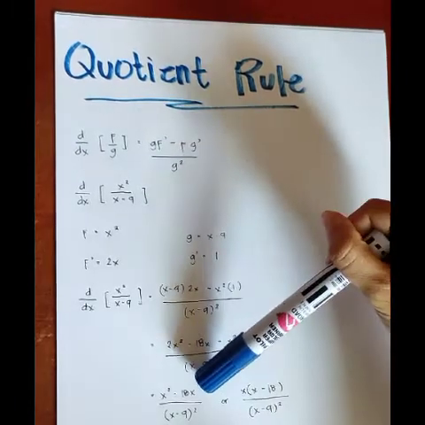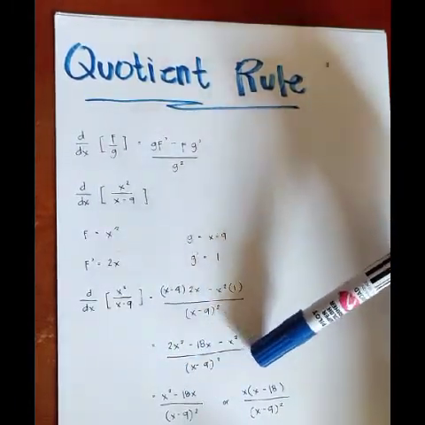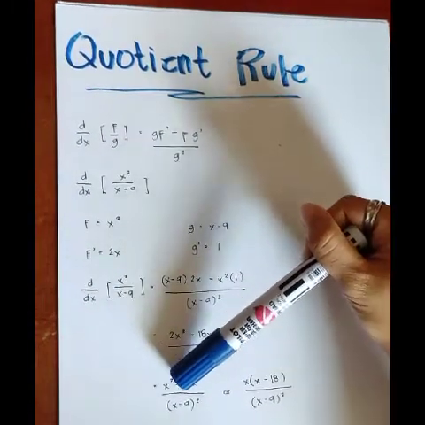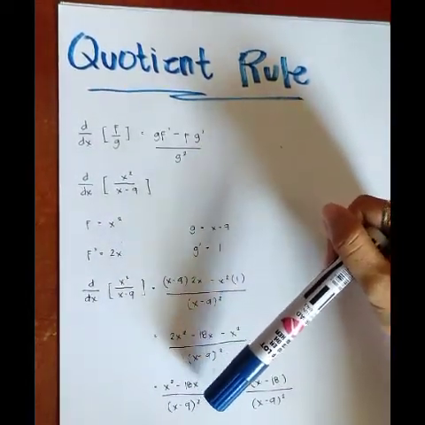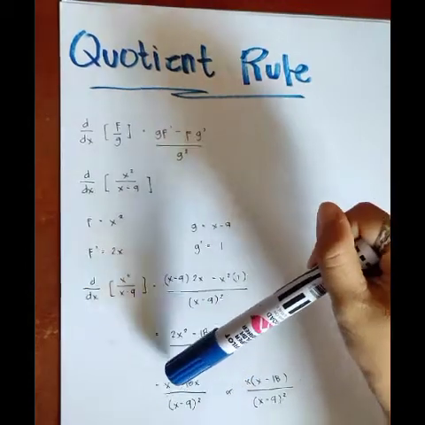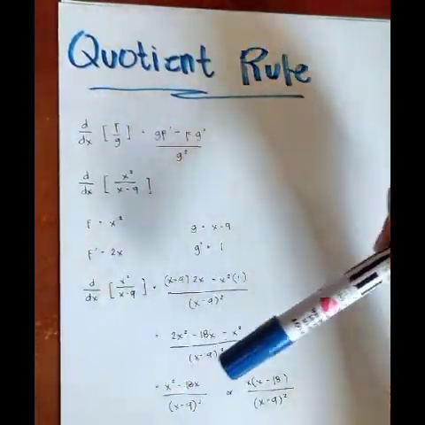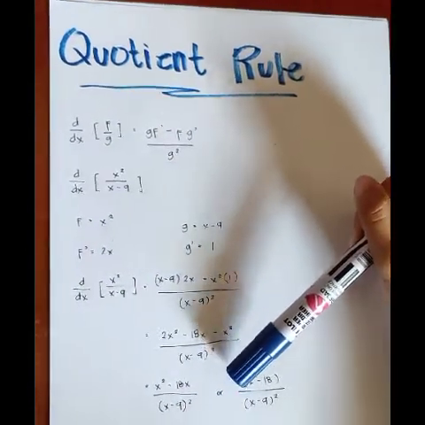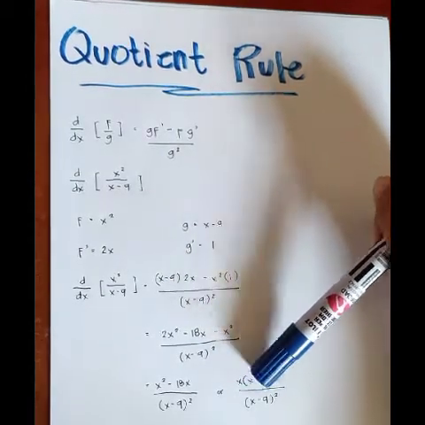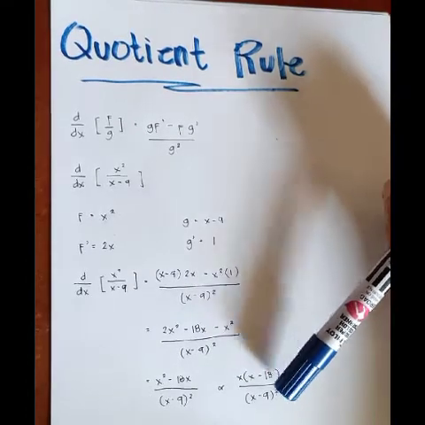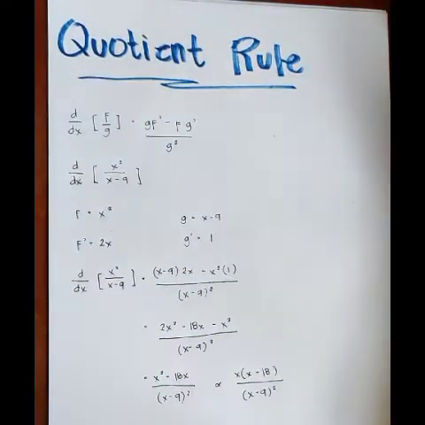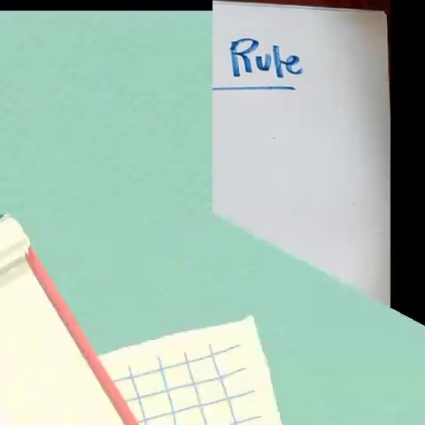So let us go to the final answer, which is x squared minus 18x over (x minus 9) squared. It can be factored out, so it will become x times (x minus 18) over (x minus 9) squared. So either of the two answers is acceptable.